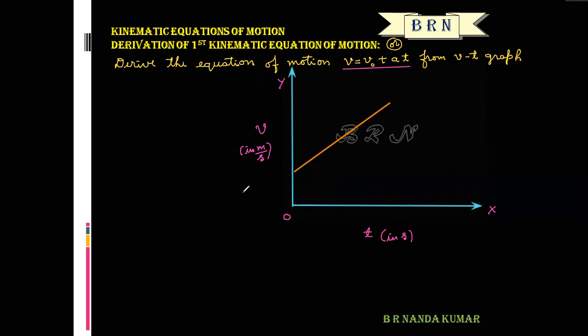Okay, so this is the origin. First, let us consider a particle starting with initial velocity v0 and moving with uniform positive acceleration.